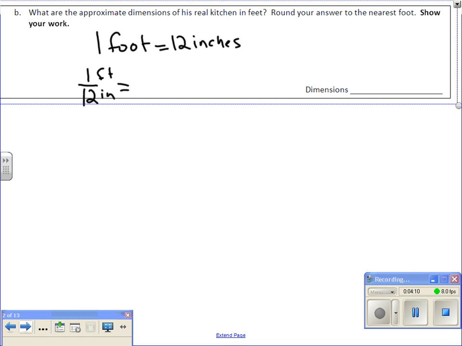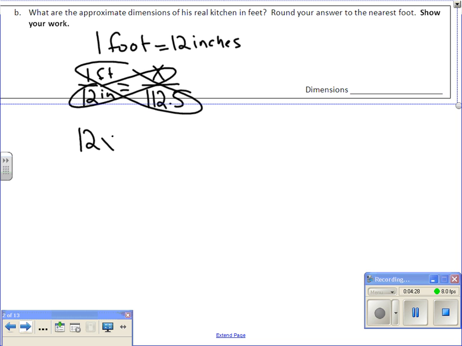And then we're going to match that up with our dimensions. All right, so that's going to be 112.5 and then X. And then we're going to go ahead and use cross multiplication to solve that. So 12 times X, 1 times 112.5, you're going to end up with 12X is equal to 112.5.